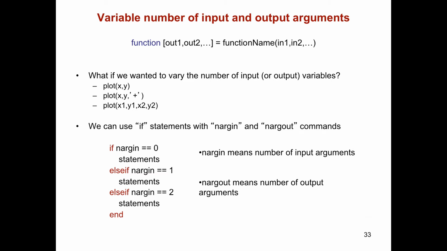Finally, there's something we already noticed, that certain functions we can execute in multiple ways, and the plot function was one of those. We know that plot of x,y will just plot x and y against each other. But we could have also given it the type of marker we want, or color of the line, and so forth.